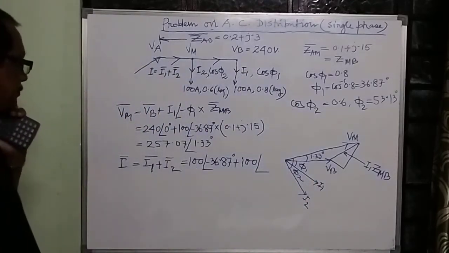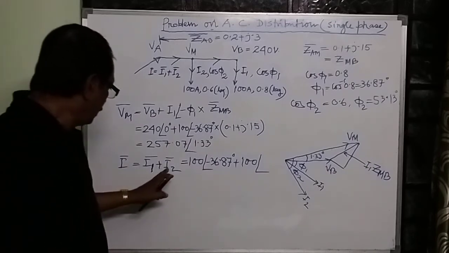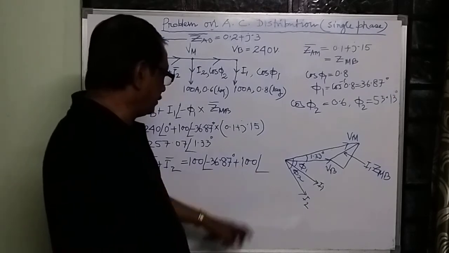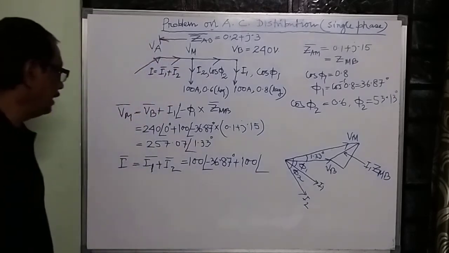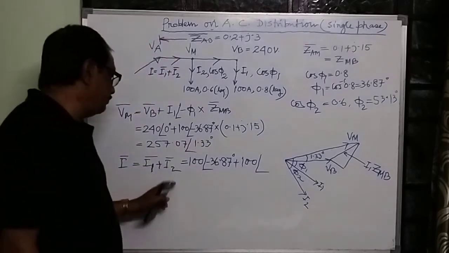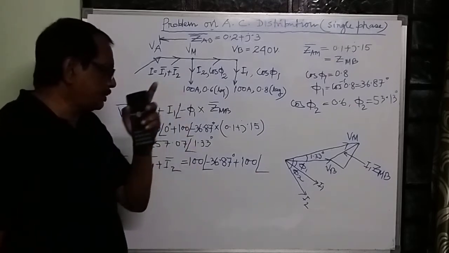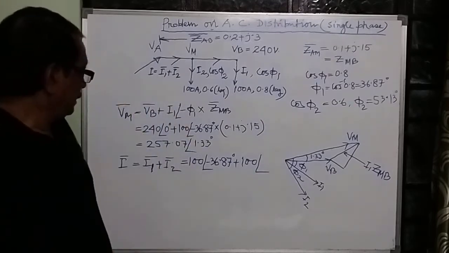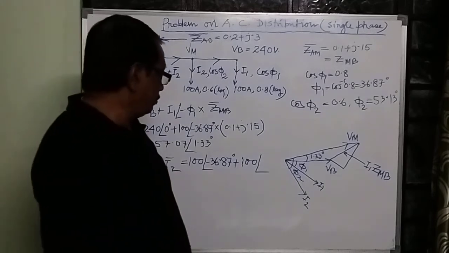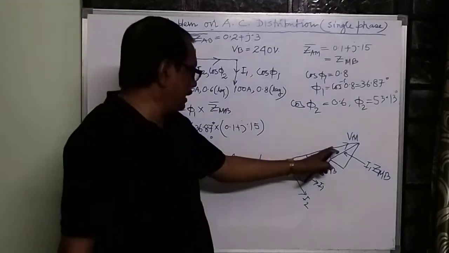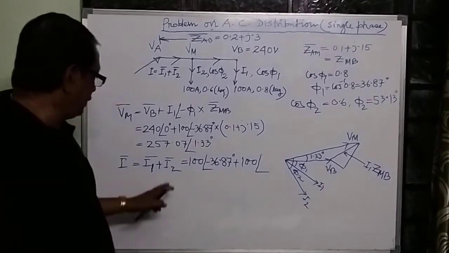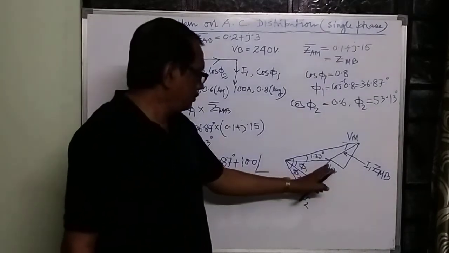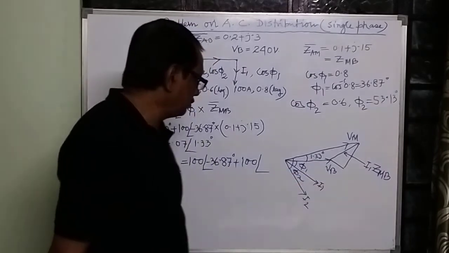Now I2 is 100 ampere, and the angle... actually the vector is always with respect to a reference line. Here I2 is drawn from Vm, but actually I2 will be with respect to VB.